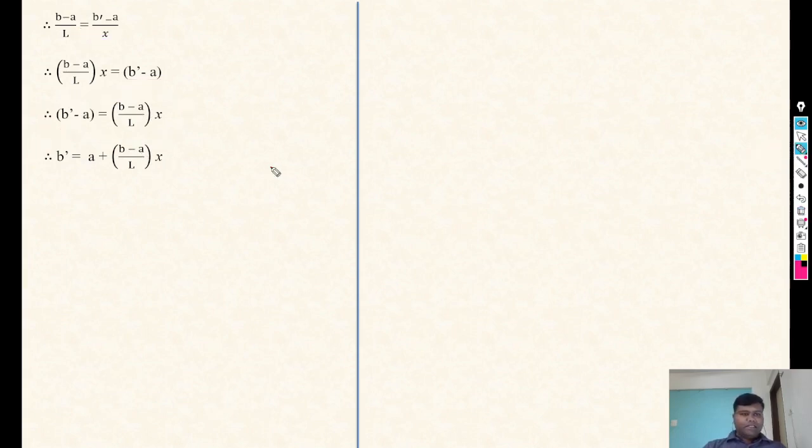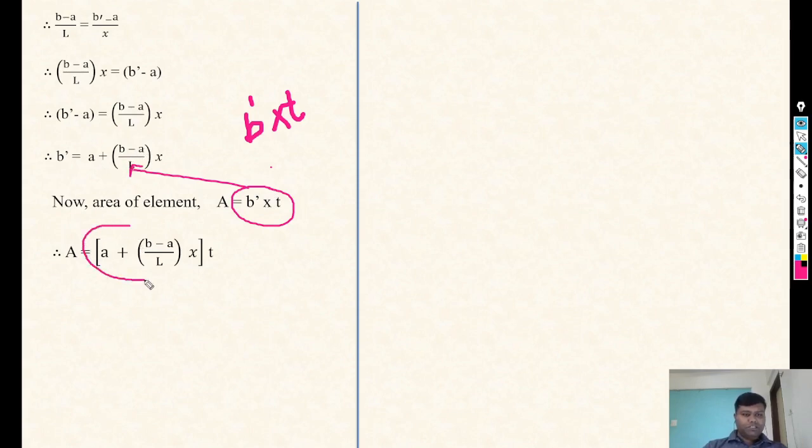Okay. Then next, we need the area to calculate the change in length. So the area for this rectangular bar is b dash into t. Where b dash we have calculated over here, a plus (b minus a) divided by L into x.